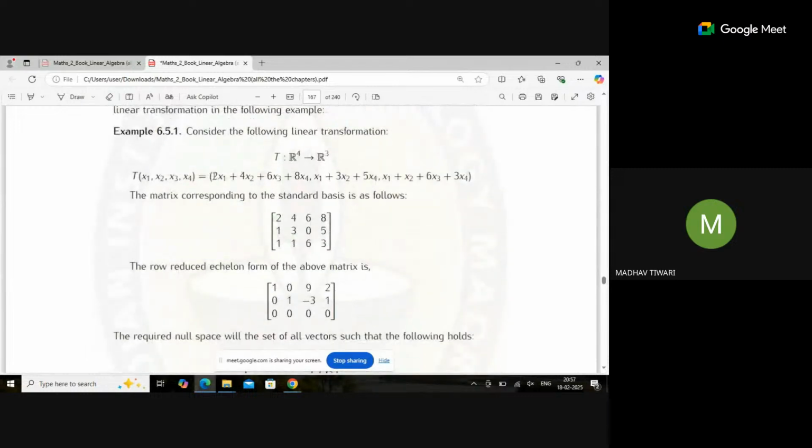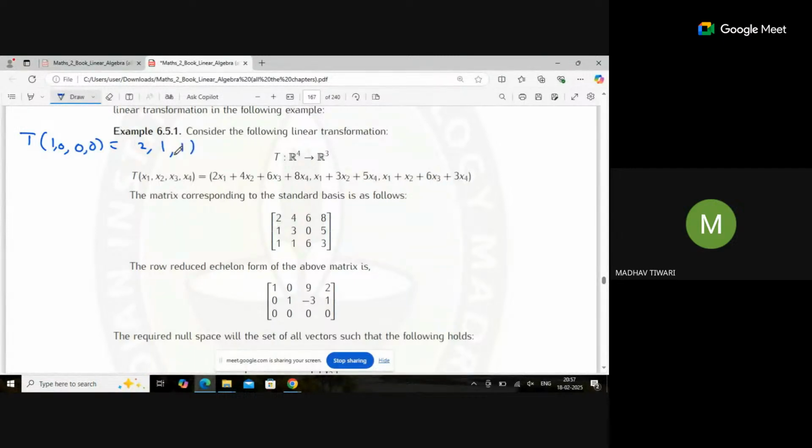Here you are given a transformation like this. So what we did, we took the standard basis. Firstly, the transformation of 1 comma 0 comma 0 comma 0. So what will be its transformation? 2 times x1, so 2 it is, x1, 1 it is, and 5 x1... something I'm missing.